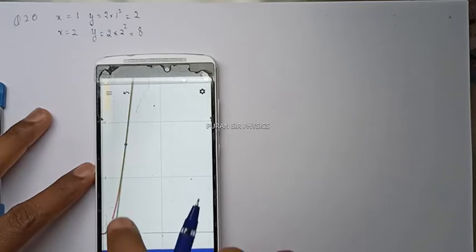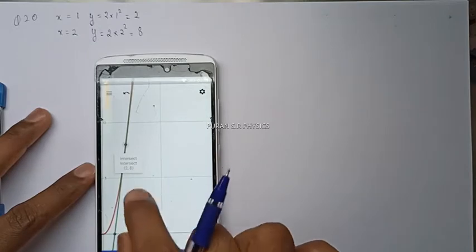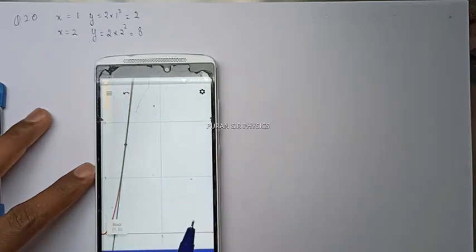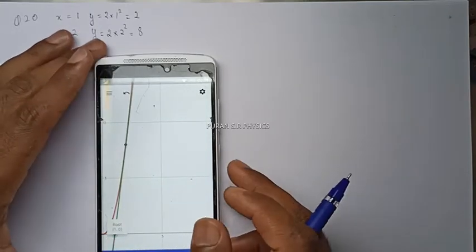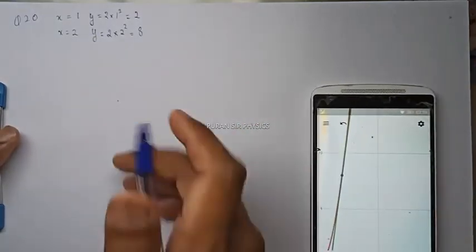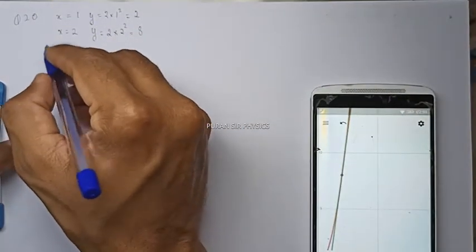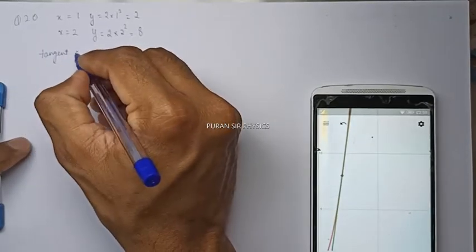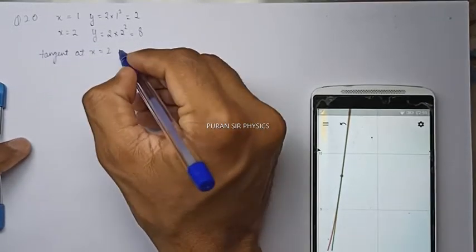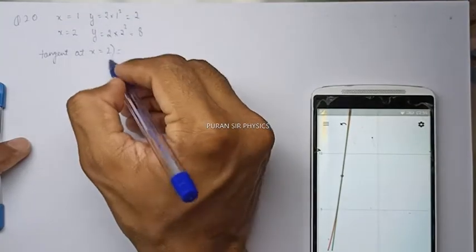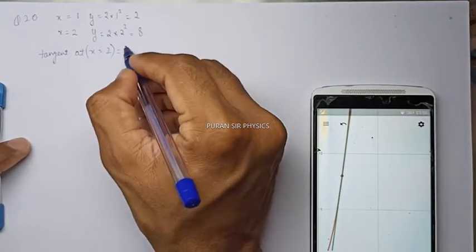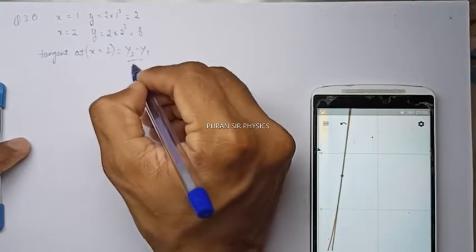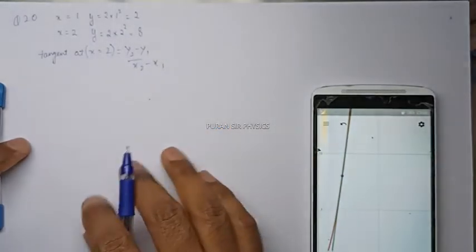So if we see the x intercept of this tangent is 1,0. So this point is 2,8 and this point is 1,0. So from here we can say tangent at x equals to 2 will be, so we can apply y2 minus y1 upon x2 minus x1.